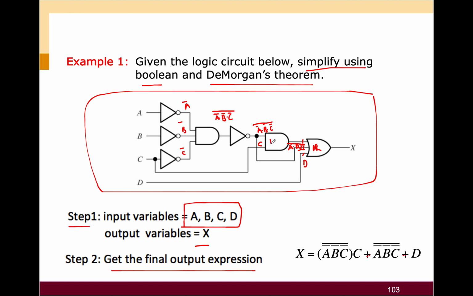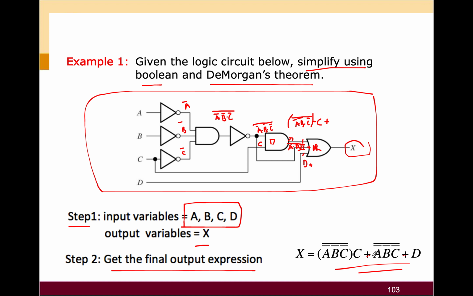And this one, the output over here, it will be A dot B dot C bar, bar, bar, bar, dot C, isn't it? So you will add all of these, you will get X. That's why you will have this answer.